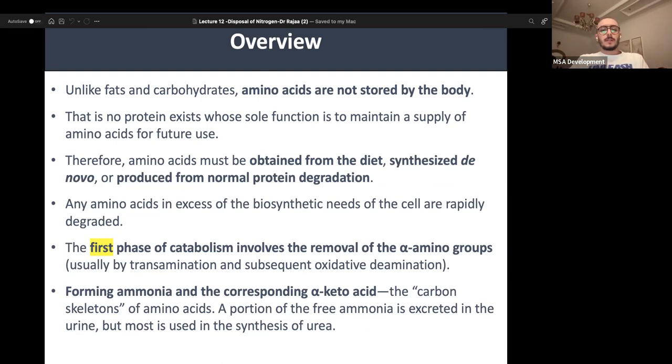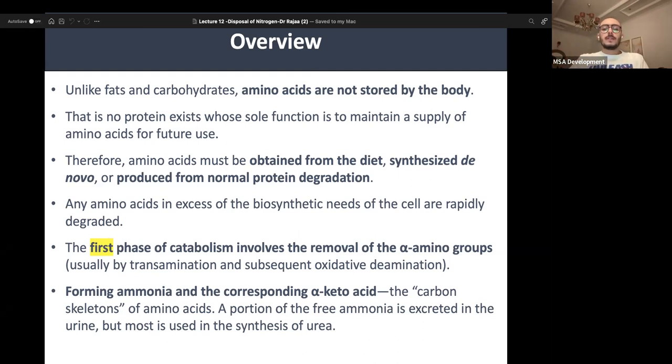You can't store amino acids. And if amino acids were to stay in your body, they would be very toxic to your brain. Diseases and syndromes are related to problems in degrading amino acids and the fact that they stay in your body. So they are very toxic and they cause toxicities and so on.